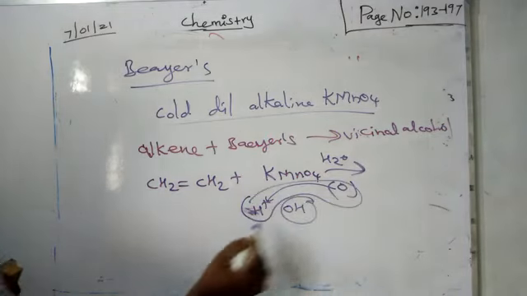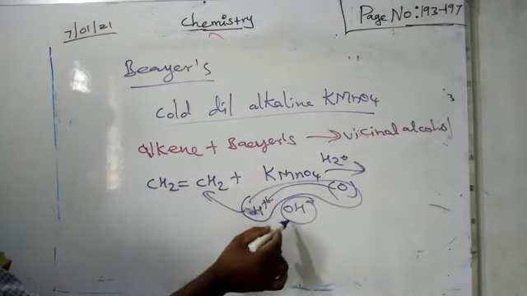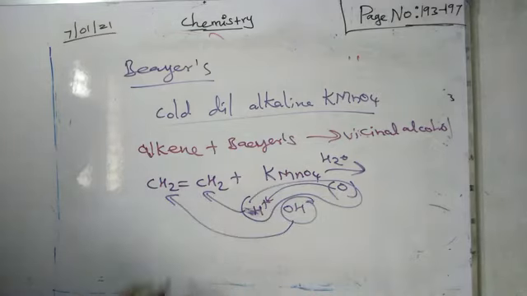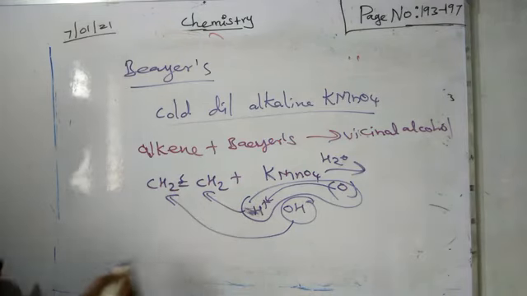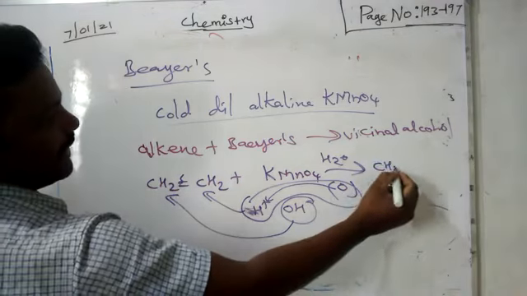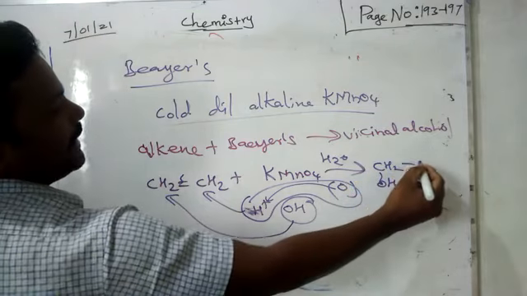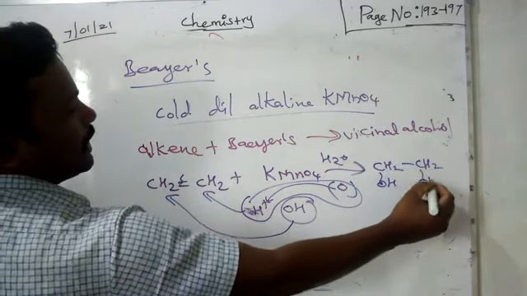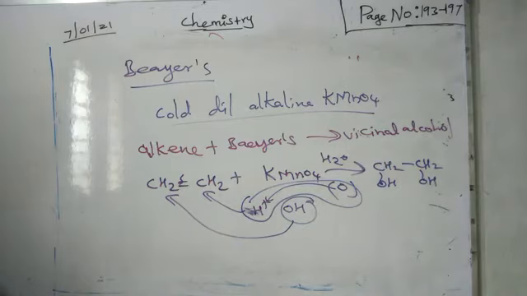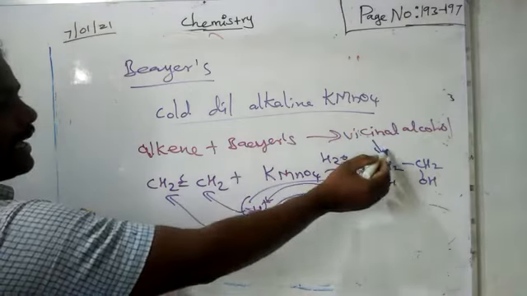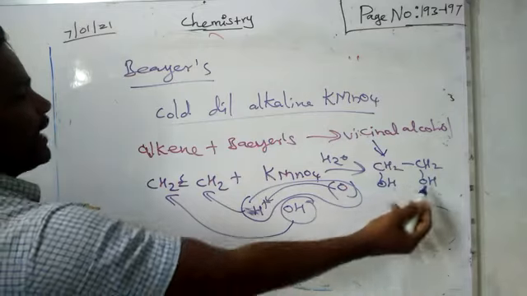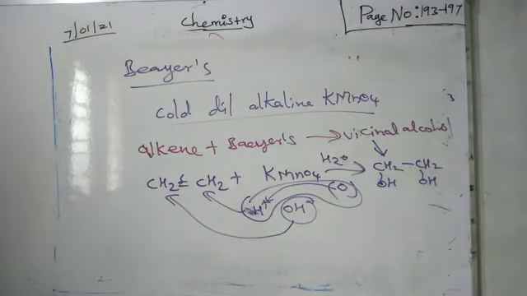OH, OH: one OH is added to the first carbon, another OH to the second carbon. So the double bond becomes a single bond, and we get ethylene glycol. The compound name is ethylene glycol or ethane-1,2-diol. This is also an example of a vicinal alcohol because the OH groups are present on adjacent carbons.